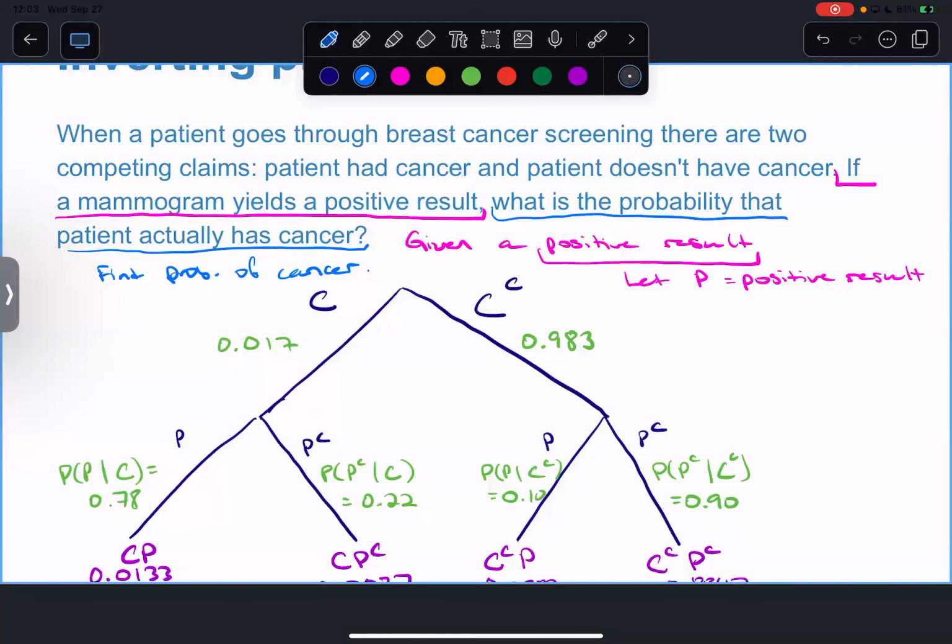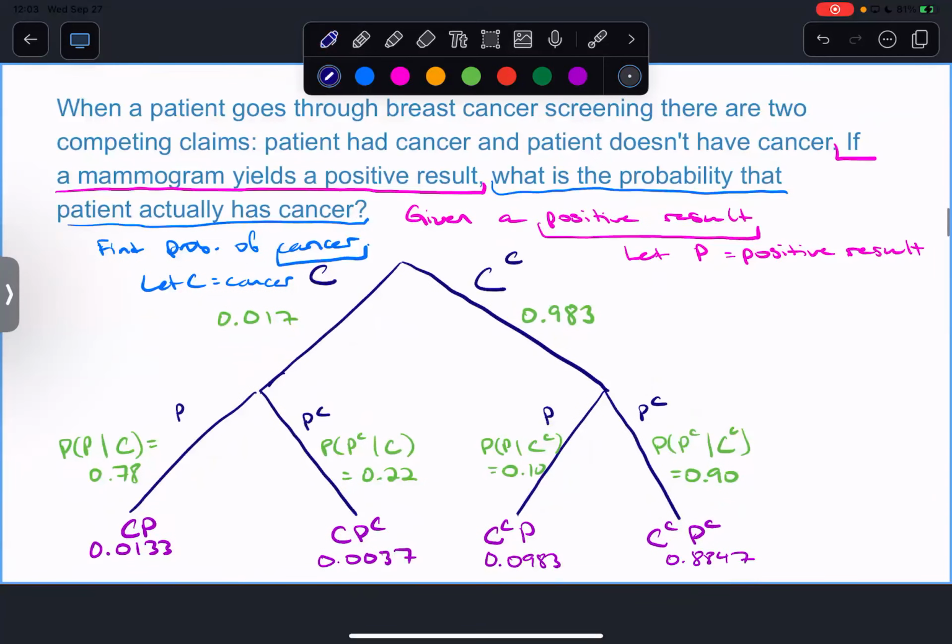Find, let's see, C be cancer. In terms of probability notation, what am I trying to find? I want to find the probability that they have cancer given that there was a positive result.